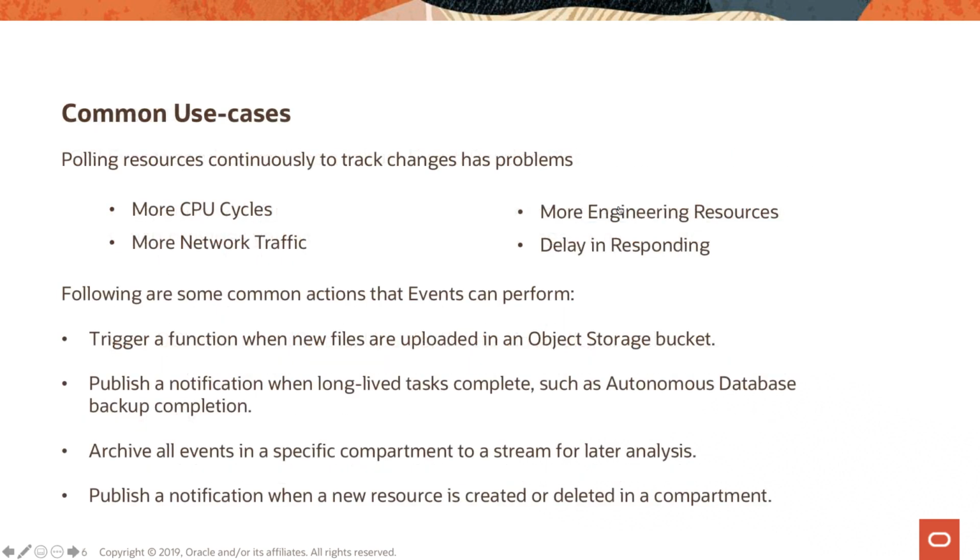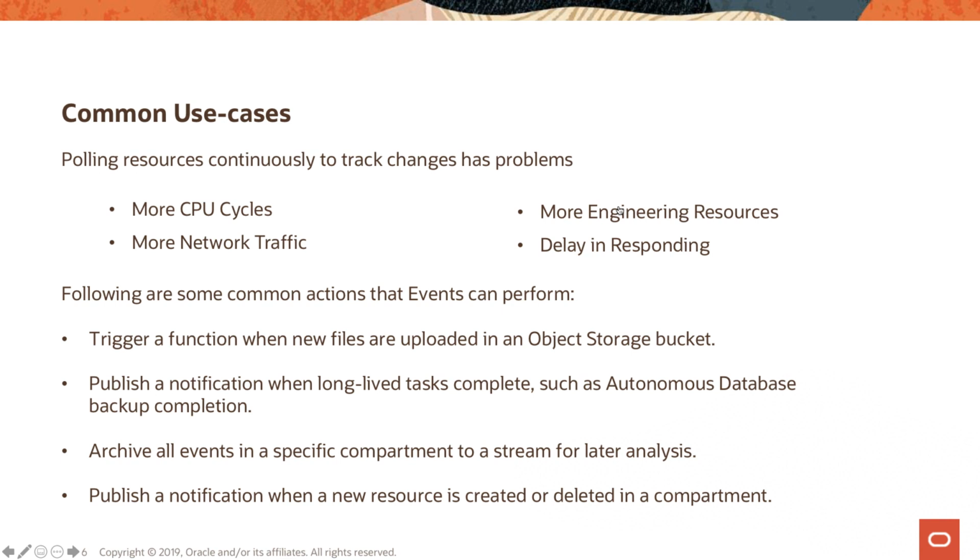So let's look at some of the common use cases. As I mentioned earlier, rather than polling for something to happen, you get to subscribe to events happening, which means that you don't end up wasting CPU cycles, and there is lesser network traffic, and you can act more in a real-time kind of manner.